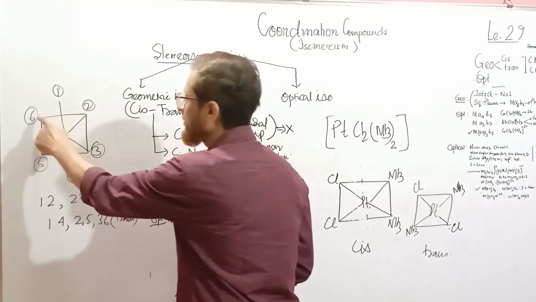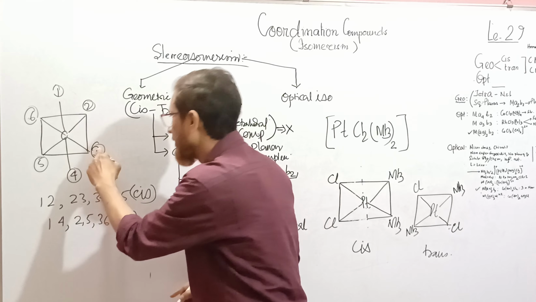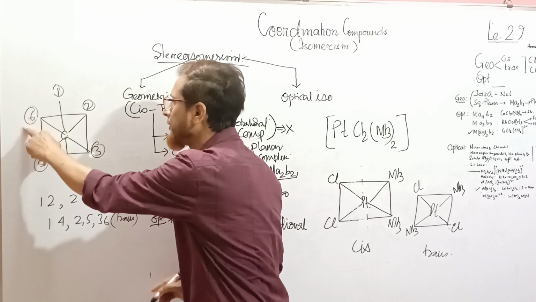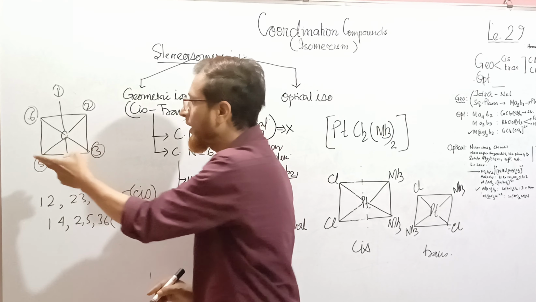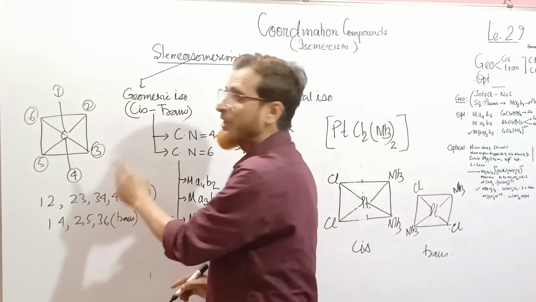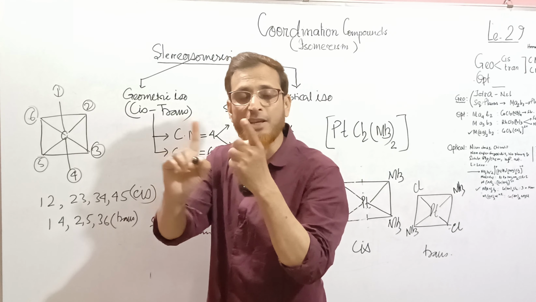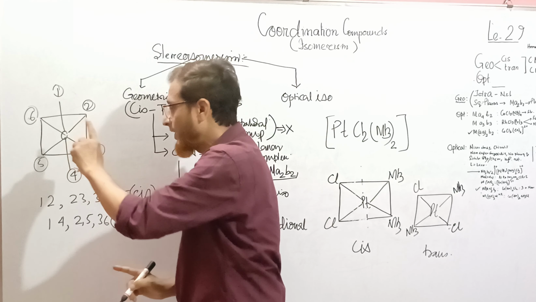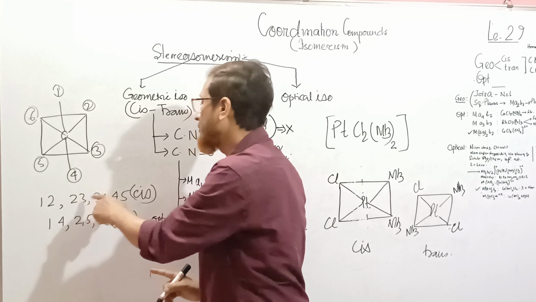If the 2 same ligands are at positions 1,2, 2,3, 3,4, 4,5, don't say 5,6 because it is equivalent to 2,3 again; don't repeat it. If the same ligands take positions in this way, then they are termed cis isomers.